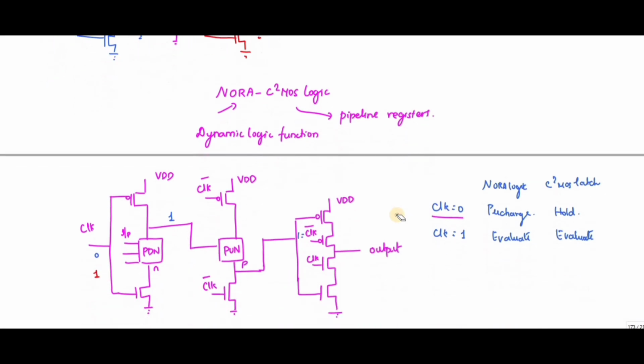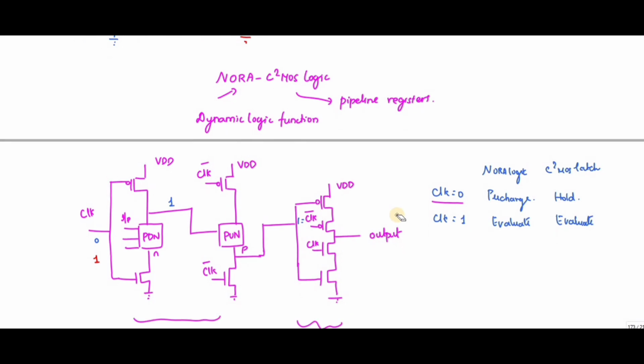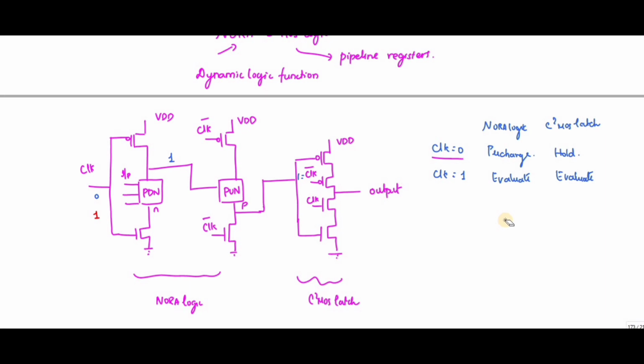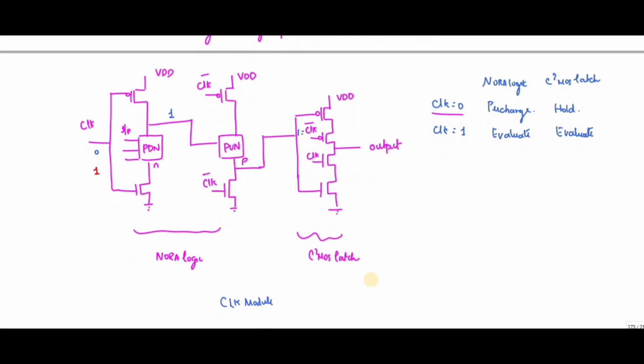So for the logic function I'm going to use NORA, and for the latch I'm going to use C square MOS logic. The logic and latches are clocked in such a way that both are simultaneously either in the evaluation, or in the pre-charge or hold mode. So this is for the clock module. So this is a NORA function.